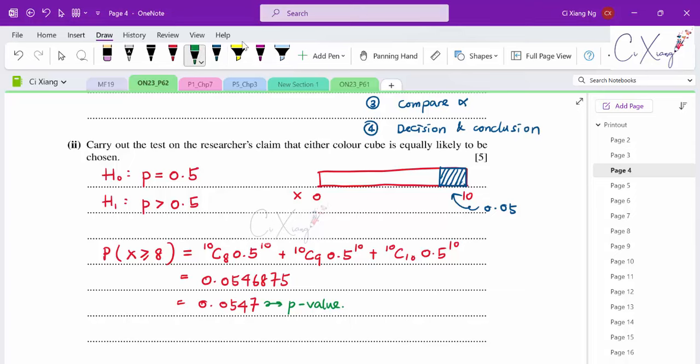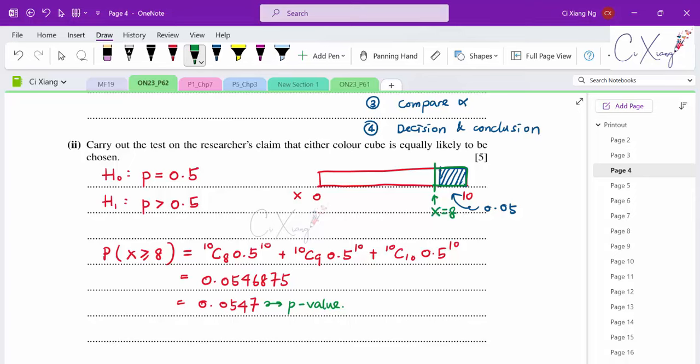If you put it within the 0.05, that means smaller. But now our value is larger, so the area that you draw should be greater than 0.05.